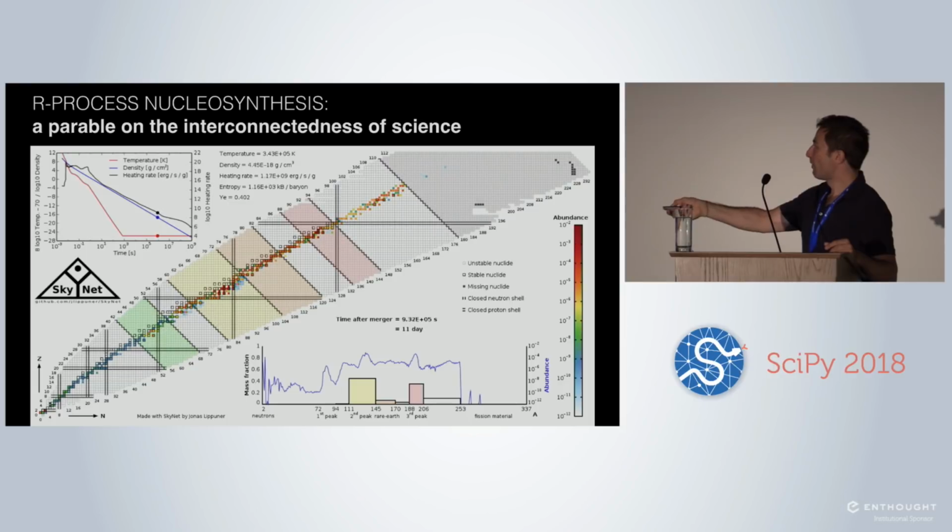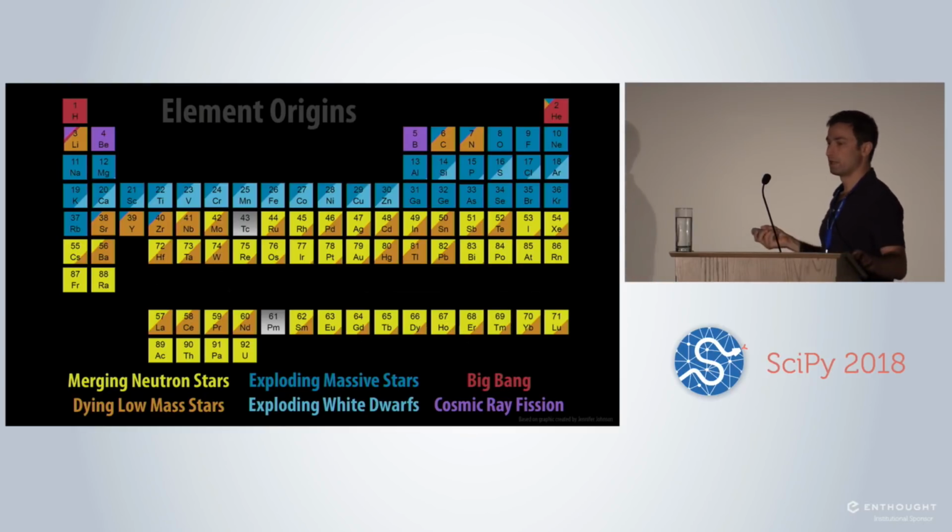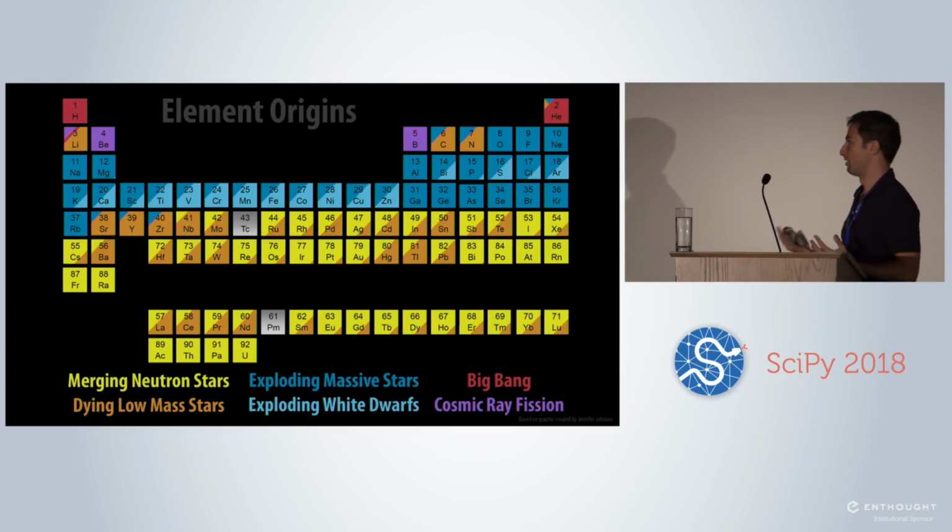And so right around those magic neutron numbers, you get pileups of atomic abundances. And this process produces basically the heavy elements on the periodic table.